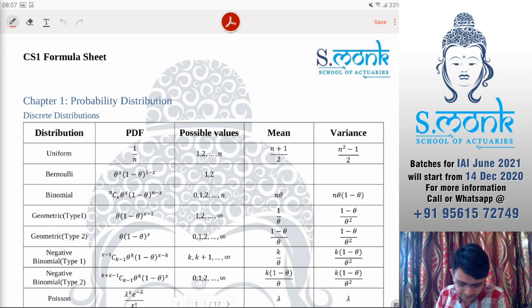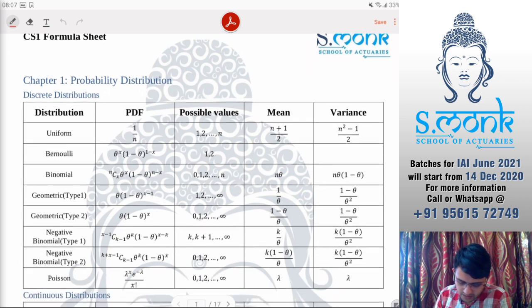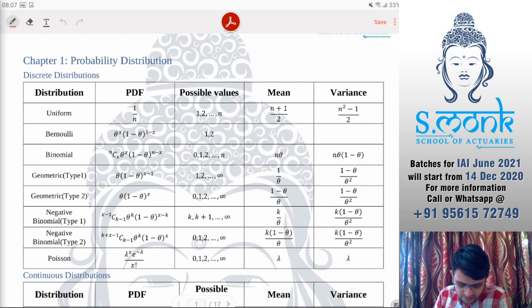Now let's start. Whenever we are looking at our probability distribution, first of all I forgot to write here, this is theta and this is theta into 1 minus theta. Whenever we are talking about probability distributions, we have four things to take into account: PDF, its possible values, mean and variance.